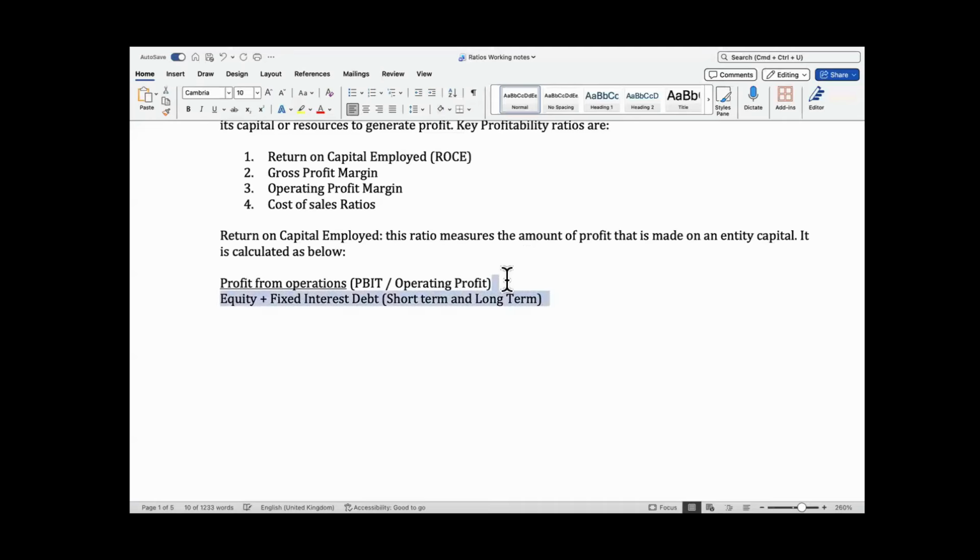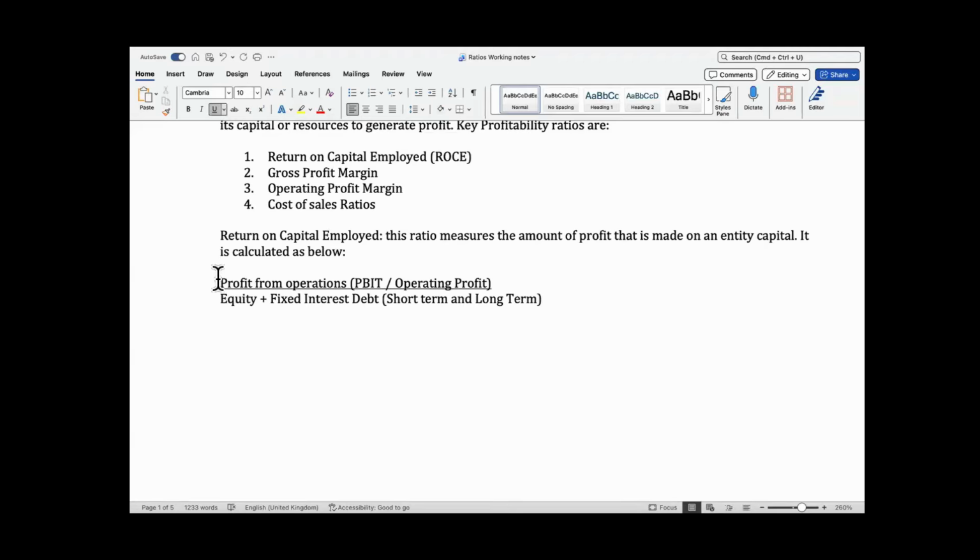But the reality is that what this ratio looks at is how much profit you are making from the capital they gave you. And you know that when you look at the statement of profit or loss, there are different levels of profit there. There is gross profit, there is profit from operations, there is PBT, there is PAT.